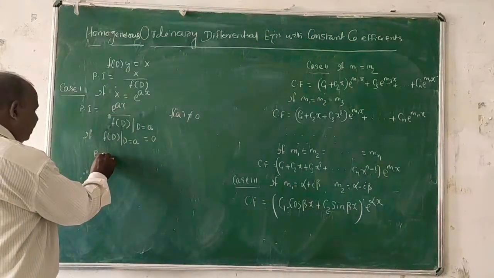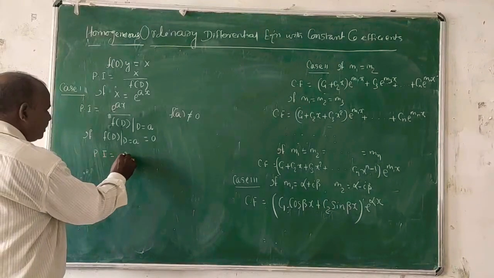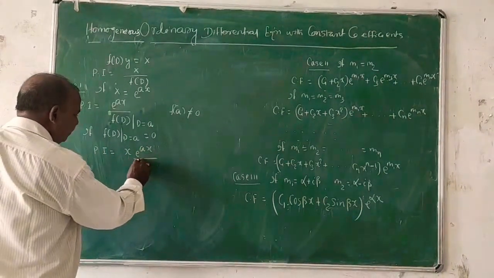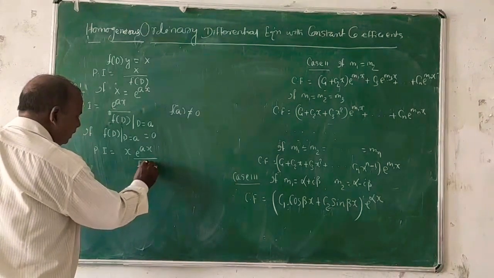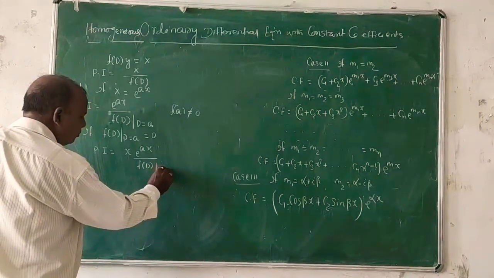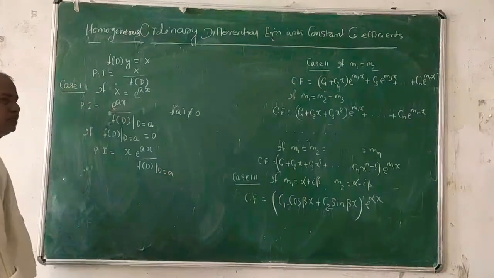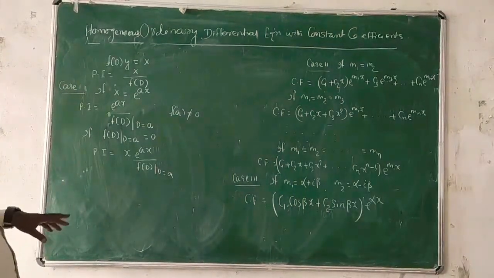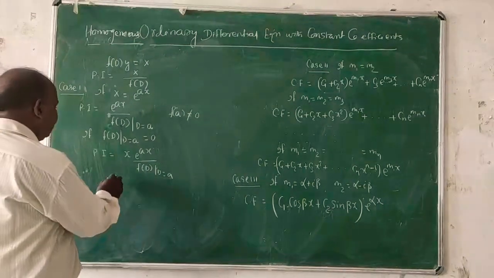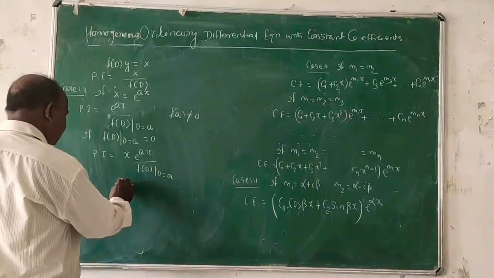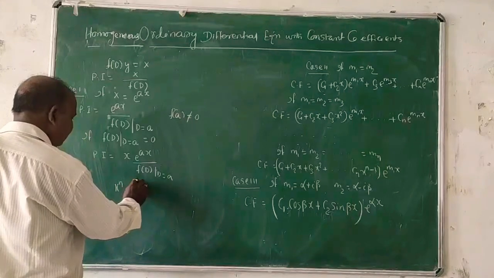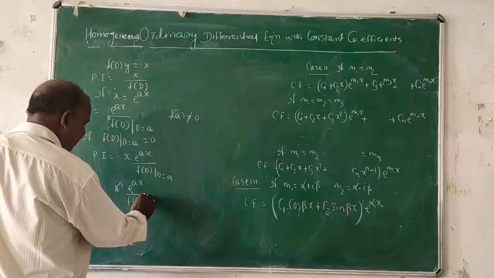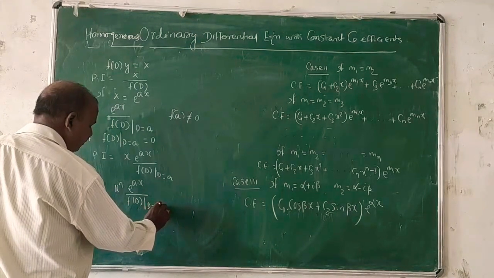Then the particular integral is x into e^(ax) by f'(D), with D equal to a. In general, the particular integral formula is x^n e^(ax) by f^(n)(D), with D equal to a.